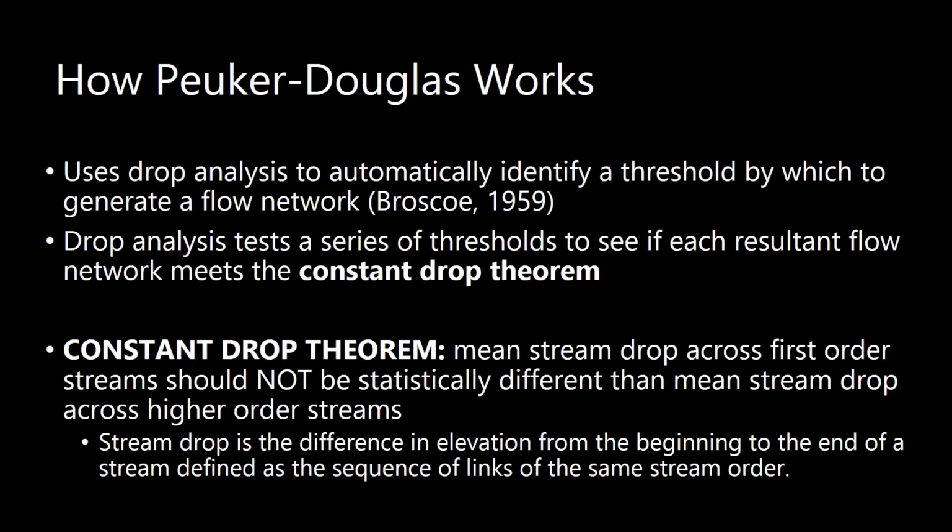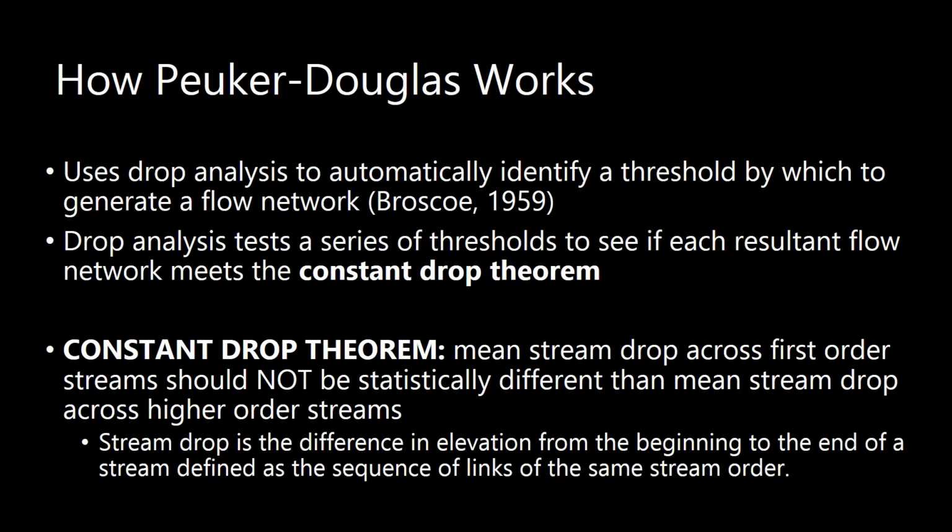The Pucher-Douglas tool works by using drop analysis to determine how high up in the watershed the stream network will be developed. Drop refers to the difference in elevation from the beginning to end of a stream segment, and drop analysis tests a series of thresholds to see which one meets the constant drop theorem.